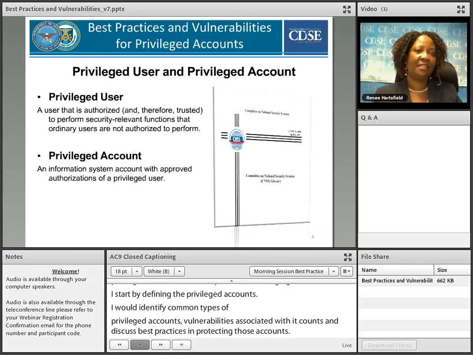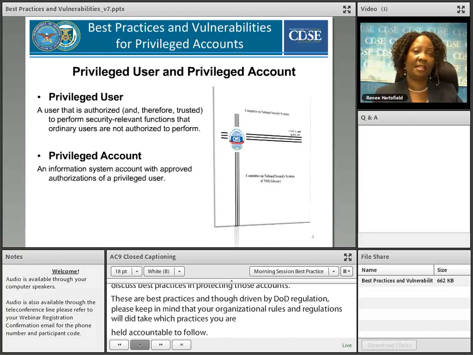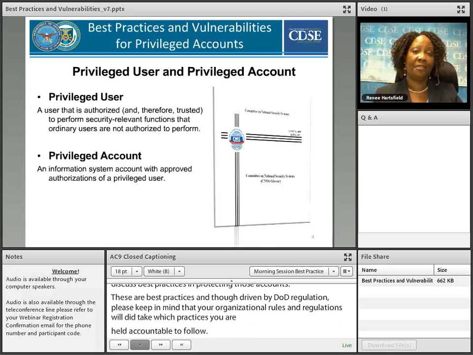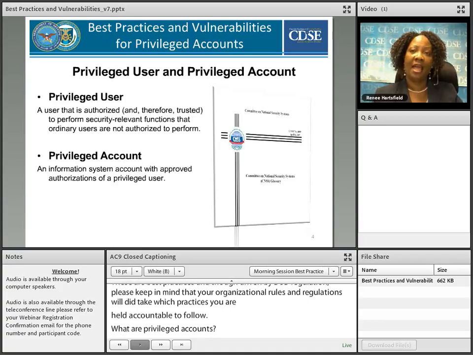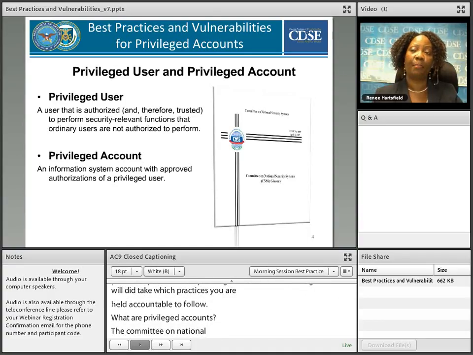So, what are privileged accounts and users? Well, the Committee on National Security Systems Glossary, the CNSS 4009, dated April 6, 2015, defines a privileged account as an information system account with approved authorizations of a privileged user.